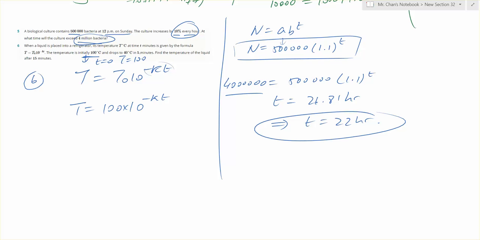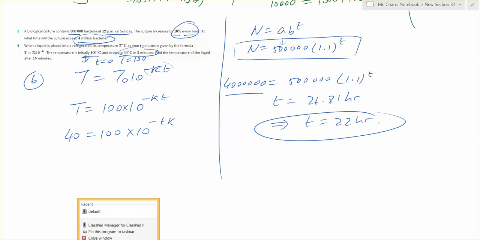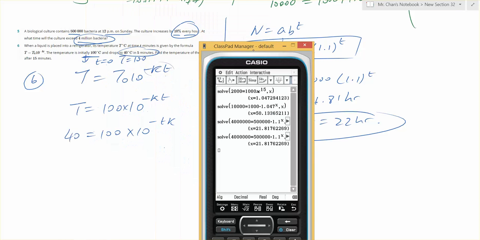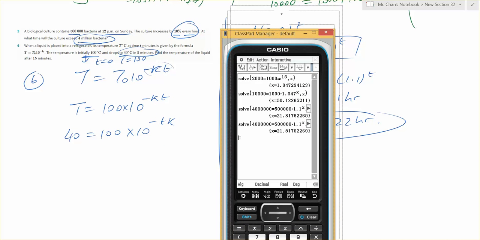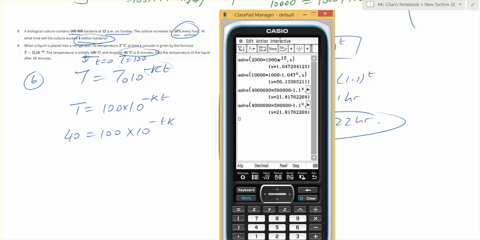Now we're given another piece of information. It drops to 40 degrees in 5 minutes. So the temperature in 5 minutes is 40 degrees. And we know t is 5 because t is in minutes. And all I'm doing is solving for my k value, because that's not known. I can't use that equation until I know my k value.